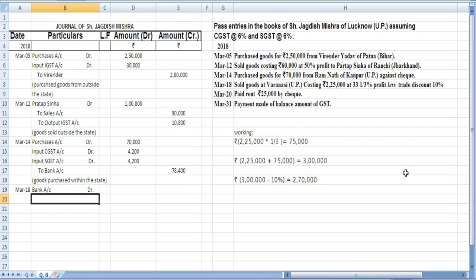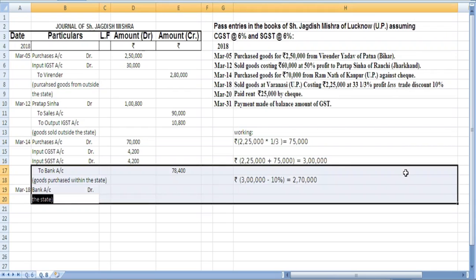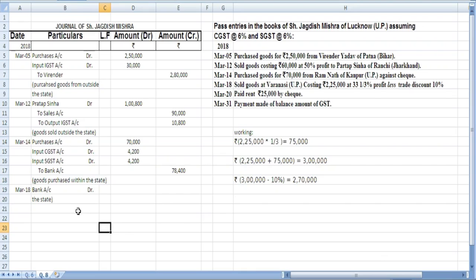Now this is intrastate, this is within the state, so it will be bank account debit to sales account, to output CGST account, to output SGST account.